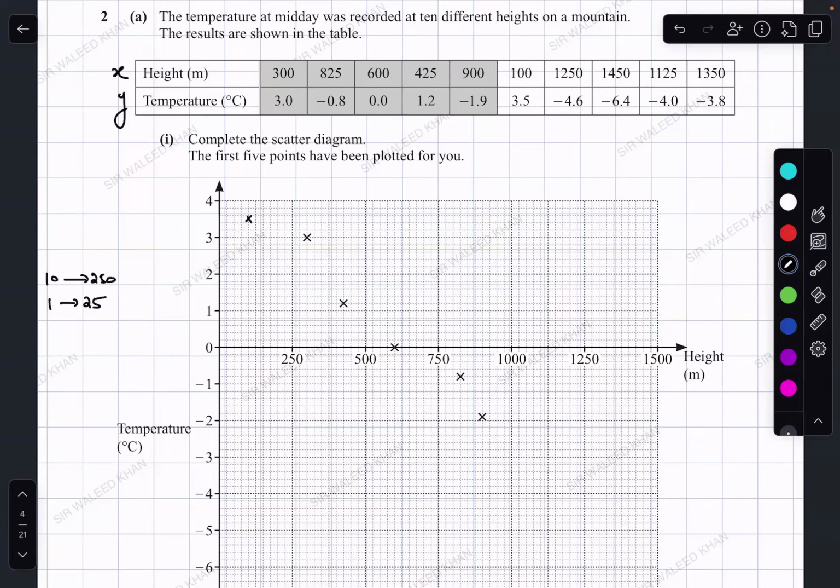Then 1250 and negative 4.6. Then we have 1350 and 1450 and negative 6.4.